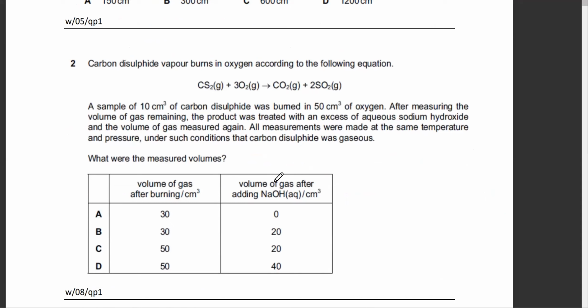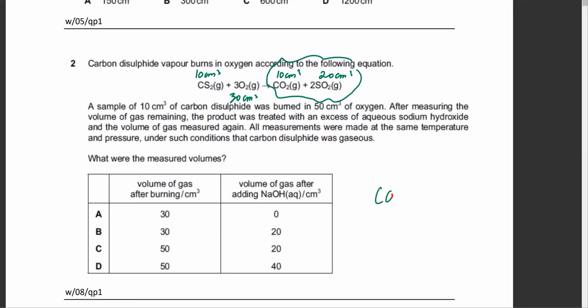Now he's saying that 10 cm cube of carbon disulfide was burned in 50 cm cube of oxygen. So first thing, 10 cm cube. Without calculating moles, what volume of O2 would be required? 30 cm cube, and CO2 would be 10, and SO2 20. So the amount of products being formed is 30.